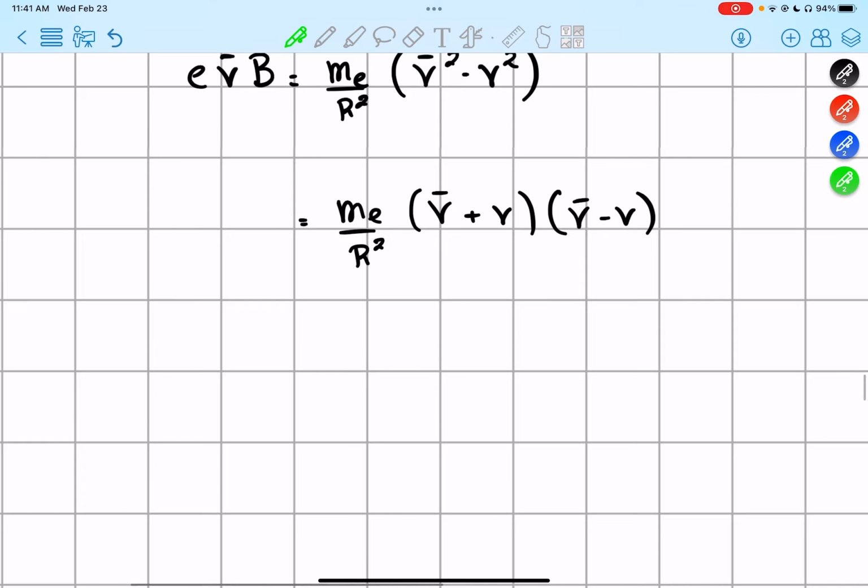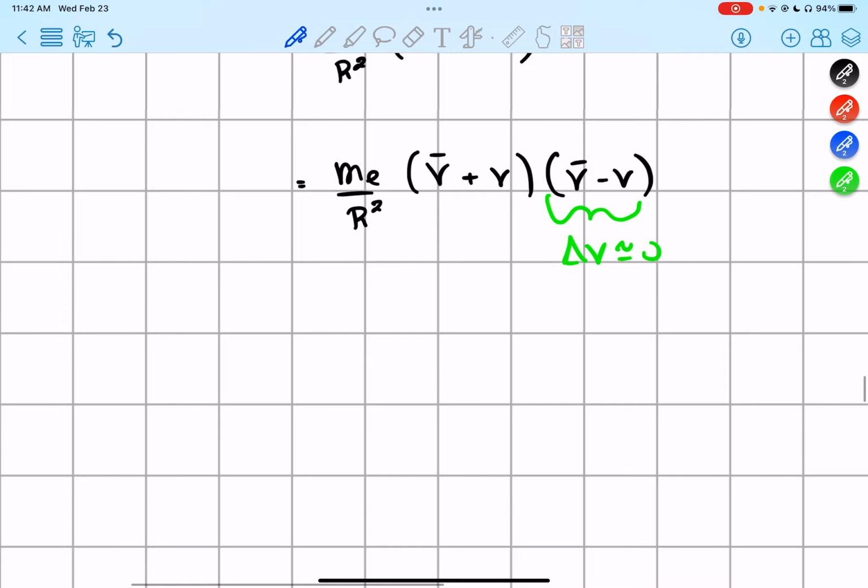Now let's say that this value right here, delta V, is very small. So it's approximately 0. Approximately, we don't want it to be 0 in our case. But here we can say that we have the same value, because if the difference is almost nothing, these ones are pretty much the same. So we just call it 2V line, just to make things easier.